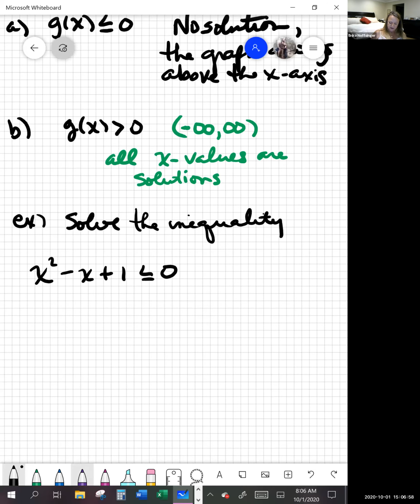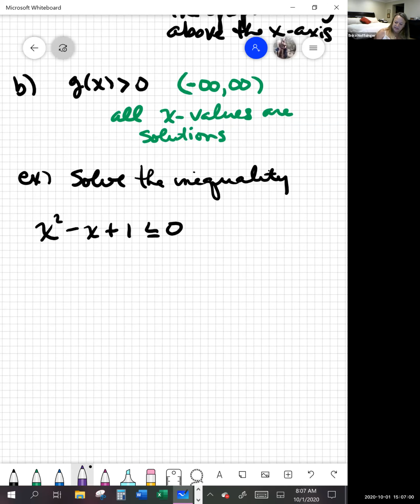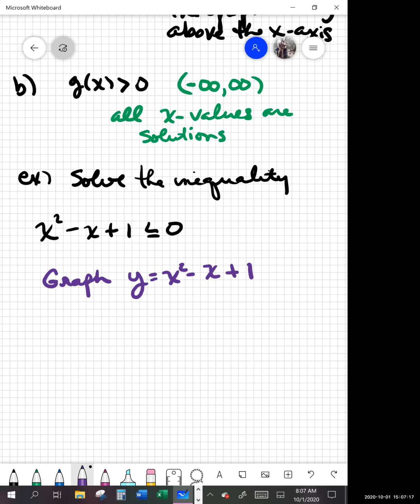Okay, so the first thing we want to do in this section is first get everything to one side of the inequality, which it is, and then we want to graph this. So we want to graph y equals x squared minus x plus 1.